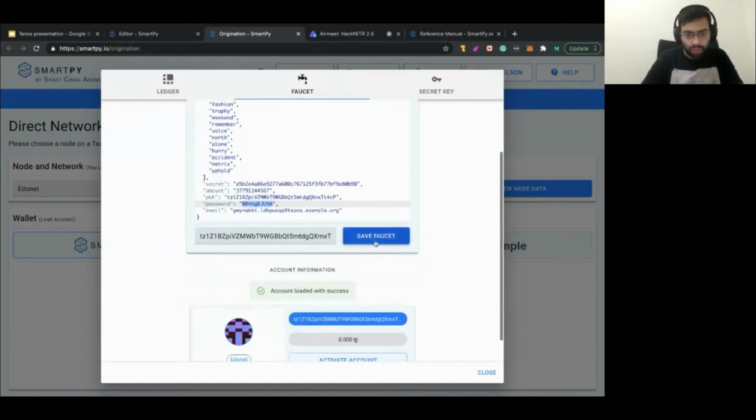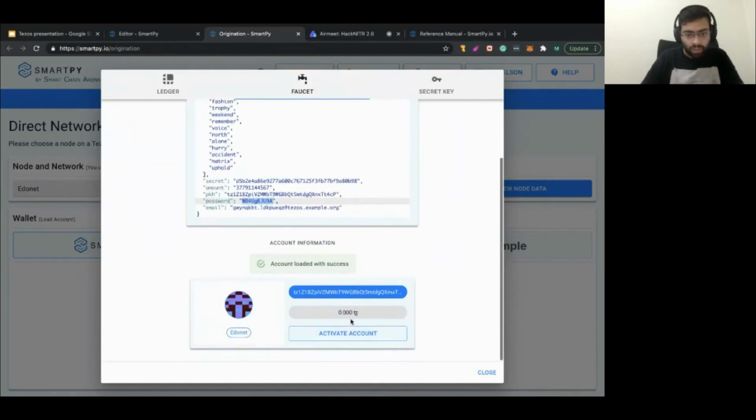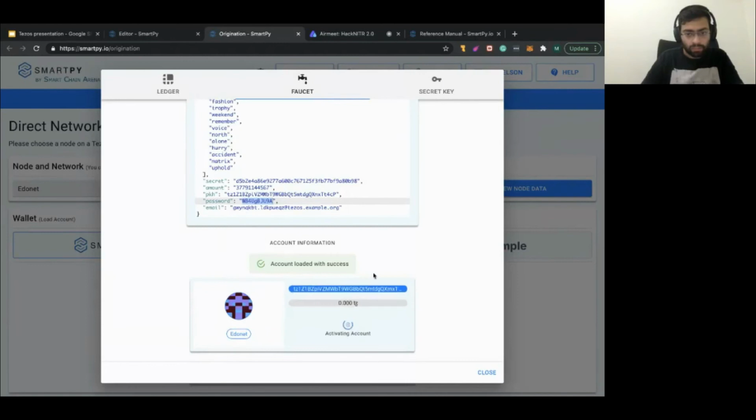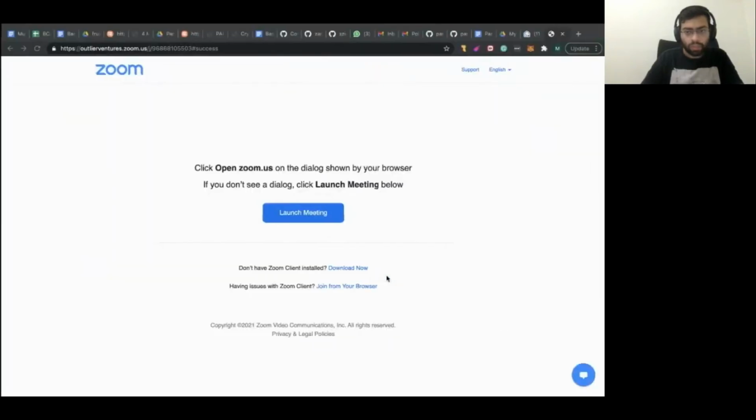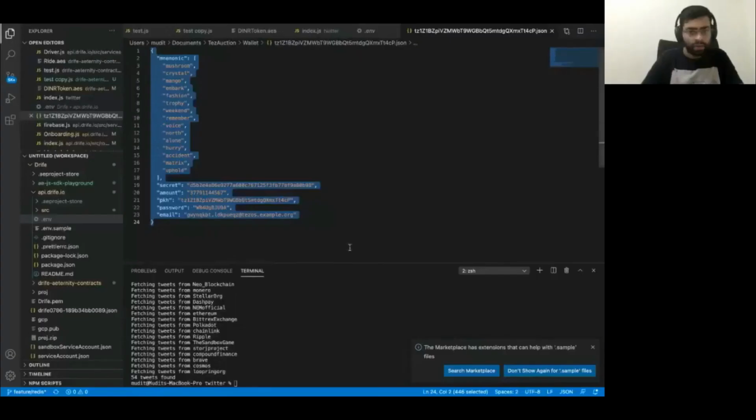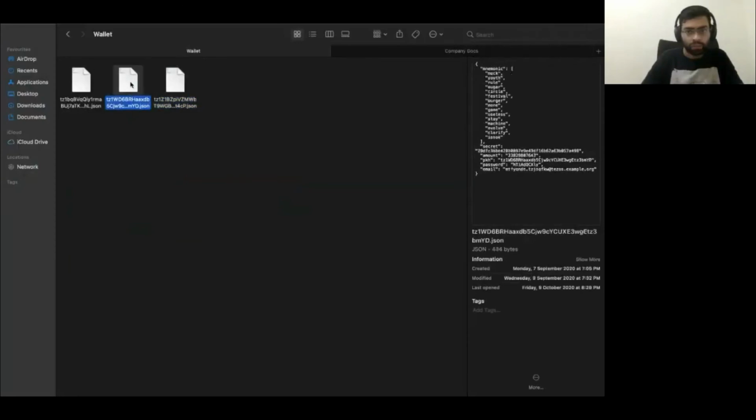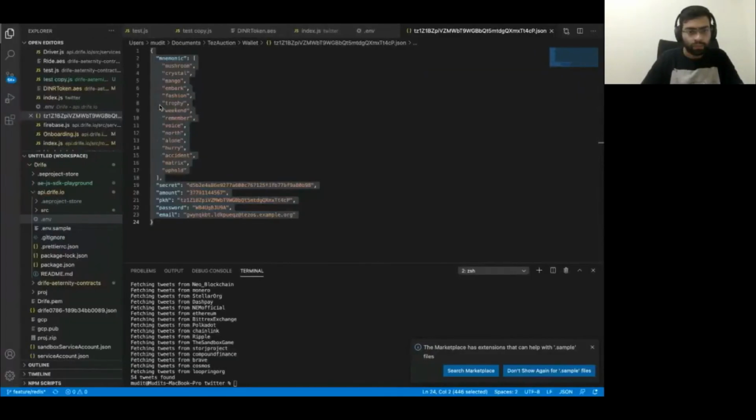I'm going to save this to faucet. And this doesn't have any balance. Let me see if I have another account that I can show you. I should have another account which has some balance, I guess.